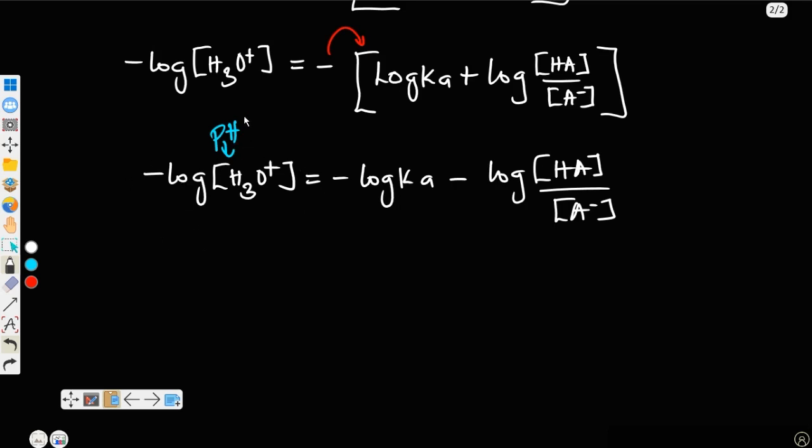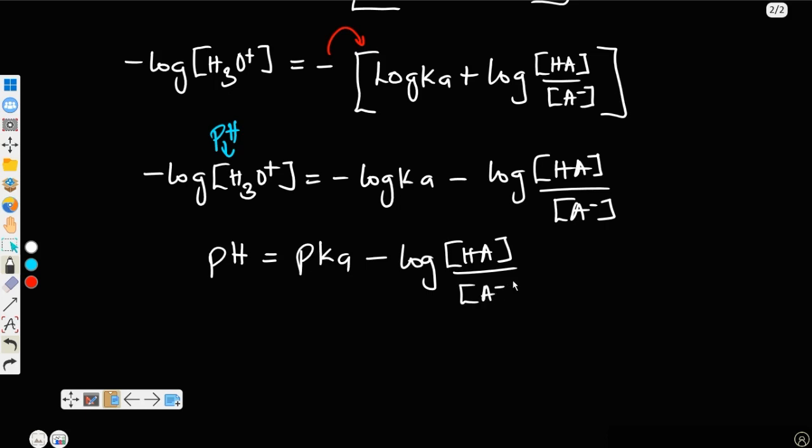This minus log is still the same as pH. So pH will be equal to pKa, which is also minus log Ka. So in place of this whole thing here, you put pKa.